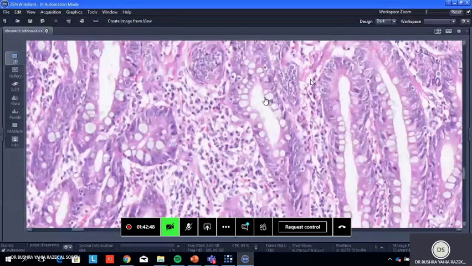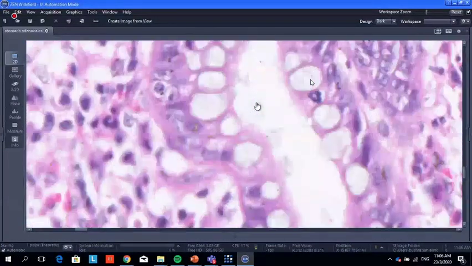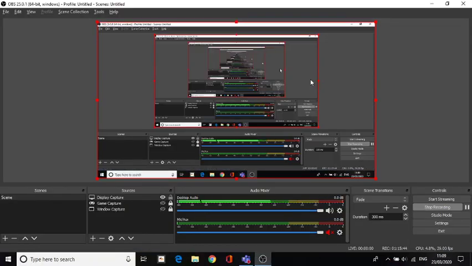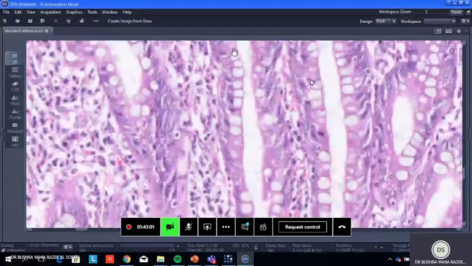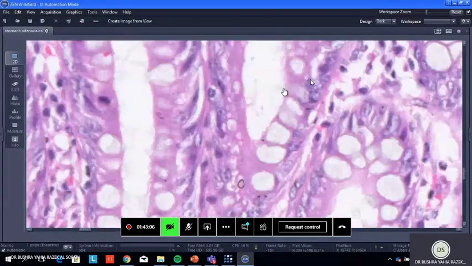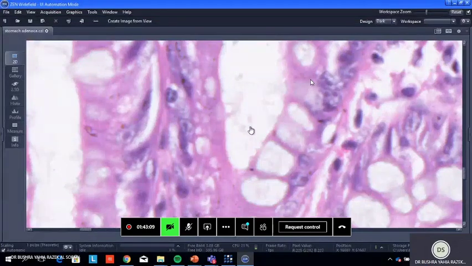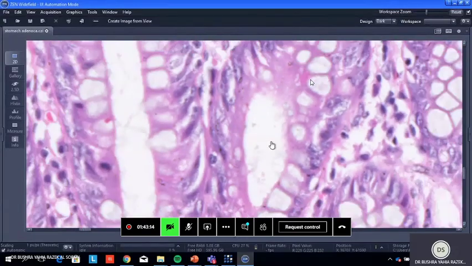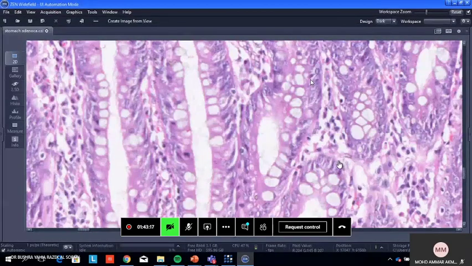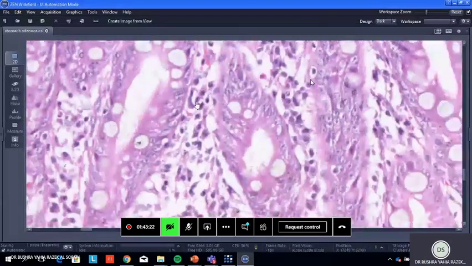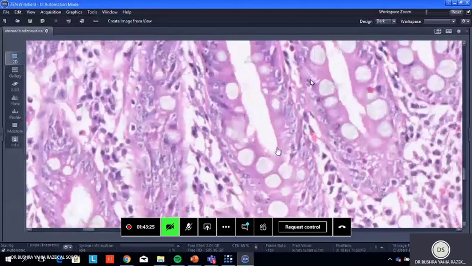So what do you think these are inside here, inside the gland? Can you see something inside? What do you think? Mucus. Is it mucus? I think it's not very clear there.